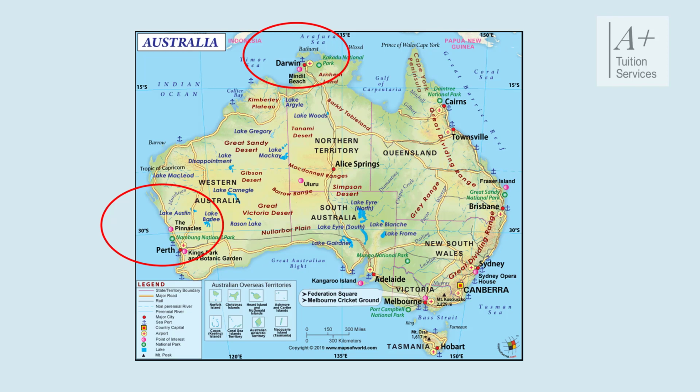So this is how we use the key. We use these symbols to identify things on the map. Then at the bottom we also have the scale, and the scale is important, not really to us at this level, but it shows you that this is not the actual size of Australia. It's just a scaled down version.